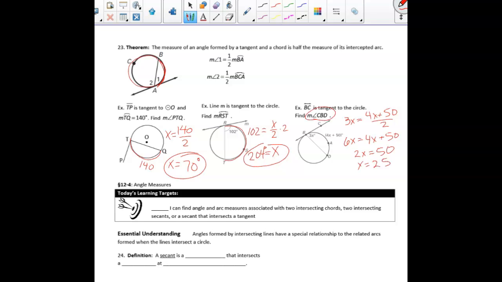We want to find the measurement of angle CBD. It's going to equal 3 times 25, that equals 75 degrees. There ends our section.